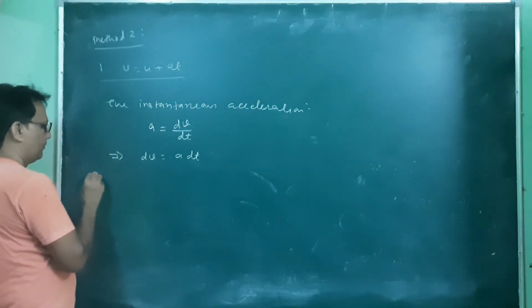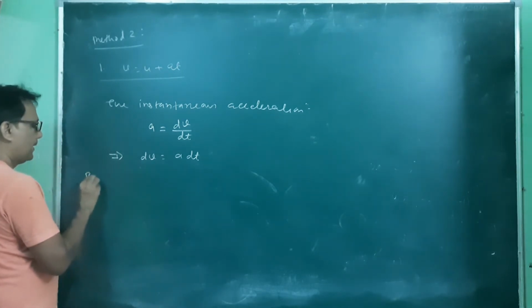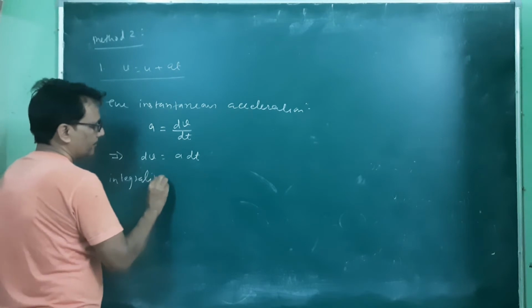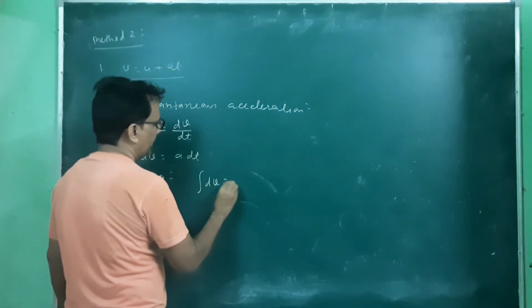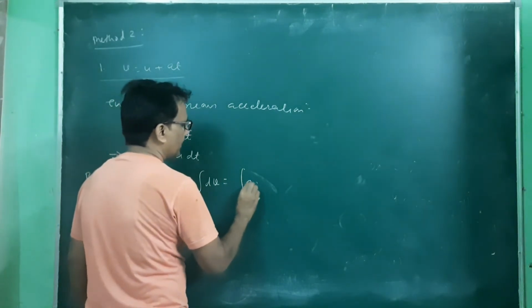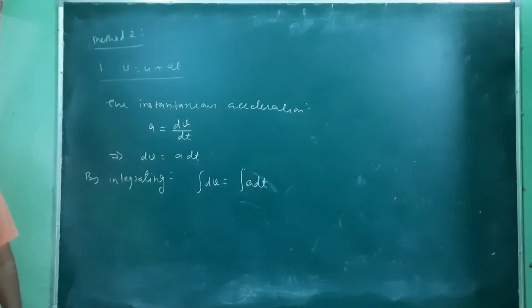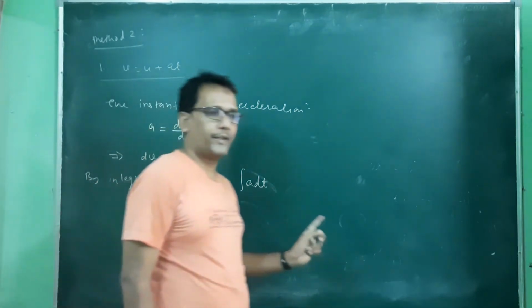So by integrating that, dv is equivalent to integration of a dt. So we are integrating just now. We have to write the limits of this integration.